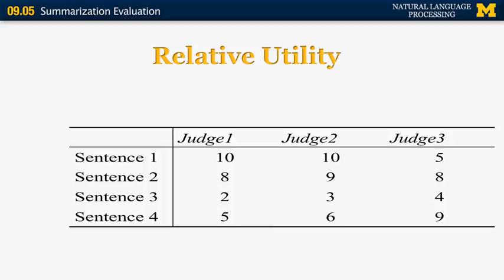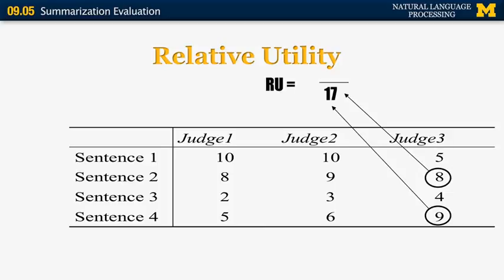So now we can do an experiment. If we pick judge 1 as the gold standard, we can measure the performance of judge 3 against him, or we can pick judge 3 as the reference and judge the performance of judge 1 against her. So let's look at the latter example. So how do we compute the relative utility? Here's how. The best utility that you can get comparing to judge 3 is 17 points, and that is if you pick sentences 2 and 4.